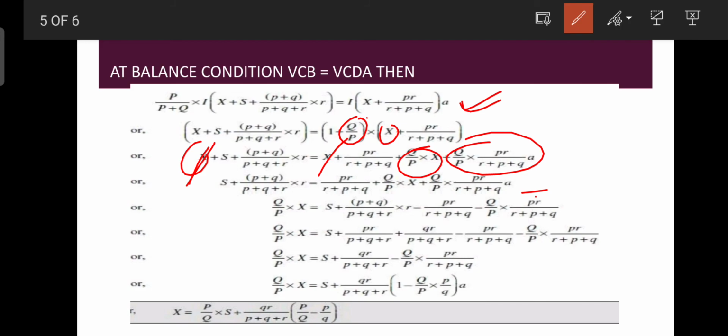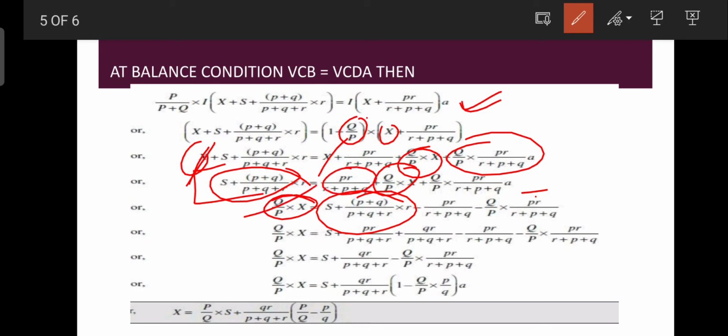So our left term is S plus (P plus Q) divided by (P plus Q plus R) into R, equal to PR divided by (R plus P plus Q) into A plus Q by P into X. Now our left term is Q by P into X, and this term is transferred to this side, and this term also transferred to this side. So our equation will be formed like that.